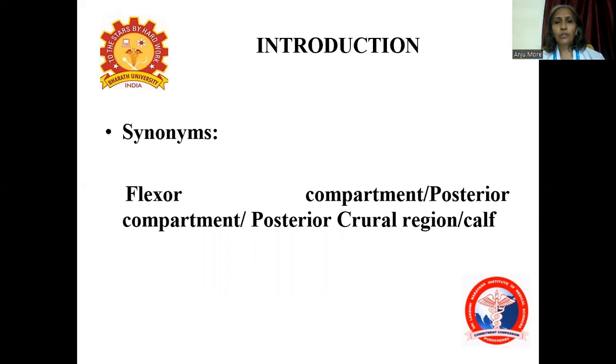It is also termed as posterior crural region. Since the muscles which are involved in this compartment are the flexor muscles, this compartment is also called as the flexor compartment of the leg. So these are the other names for the posterior compartment of leg.